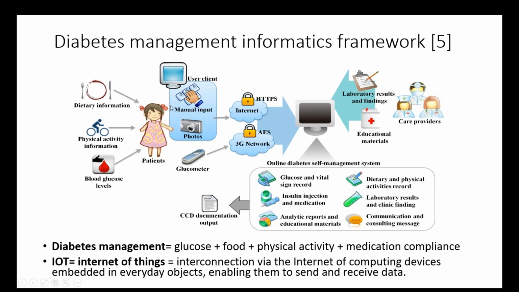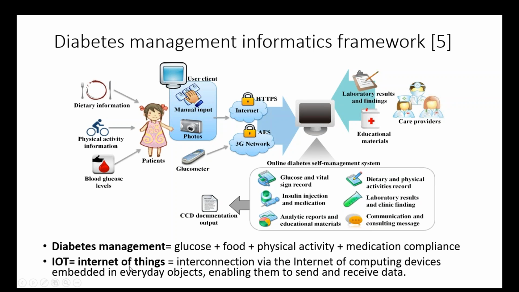So typically that was done. This is the actual framework, so it's not much new, I think. If somebody keeps a level of diet, a level of activity, and the level of glucose, that could go in some database, and some physician could actually see what the person is doing.